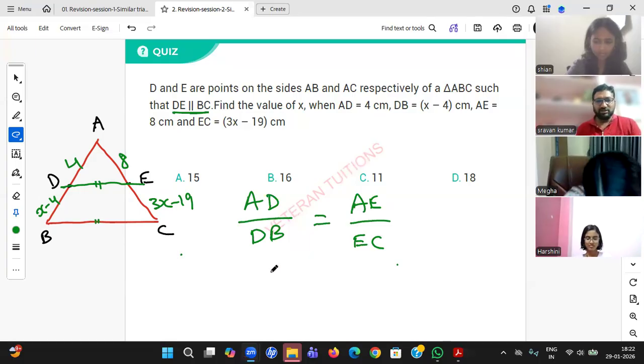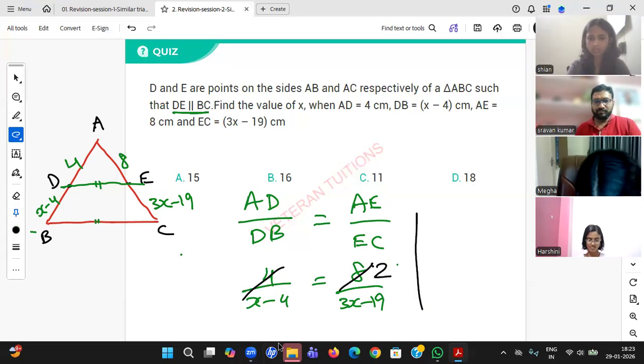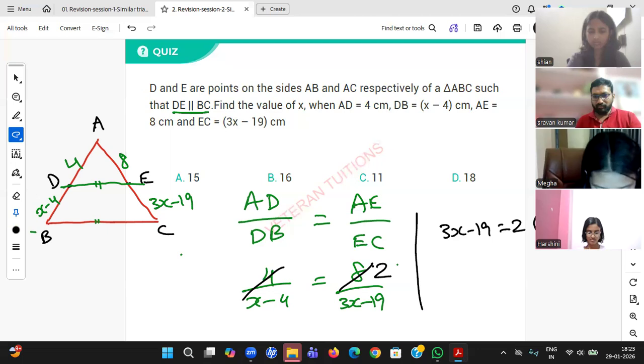Very good students. I'll be a little bit fast, I need to cover a lot. Just cross multiplying and cancelling the things will be helpful. Come on, others. Tanish, Shayan right, Mega right.